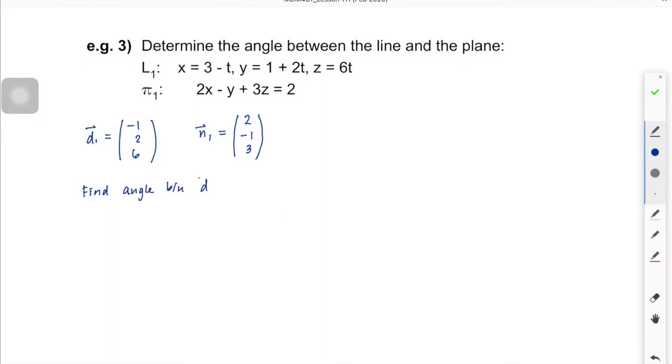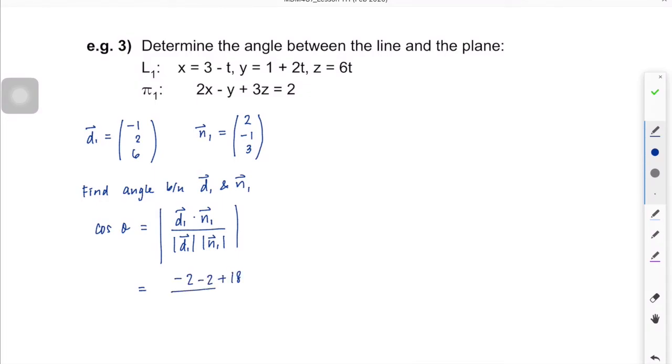So let's find the angle between the direction vector of the line and the normal. So cos theta is d1 dot n1 over the magnitudes of d1 and n1 multiplied together. So this is -2, 6 times 3 is 18. D1's magnitude is 1 plus 4 plus 36, square root. Magnitude of n1 is 4 plus 1 plus 9.